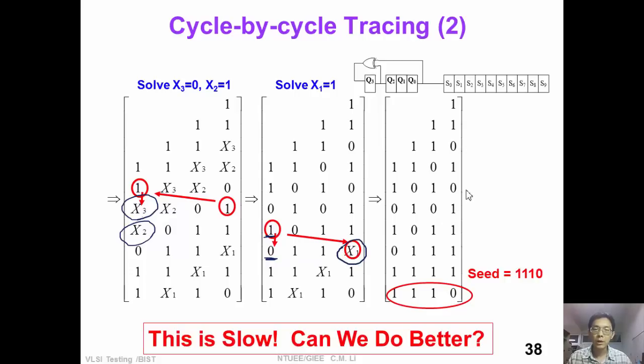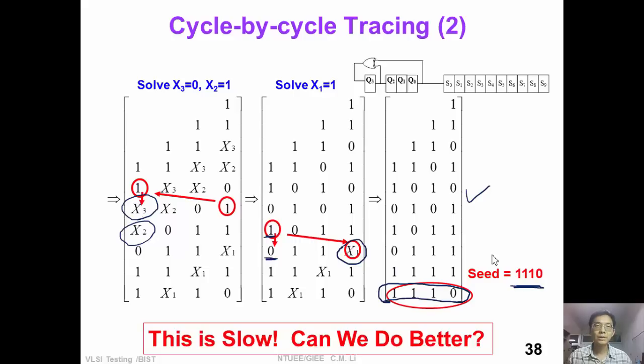So we can now fill up the whole matrix in this way. The last row, 1110, is actually our seed. As you can see, this process is very slow. So can we do better?